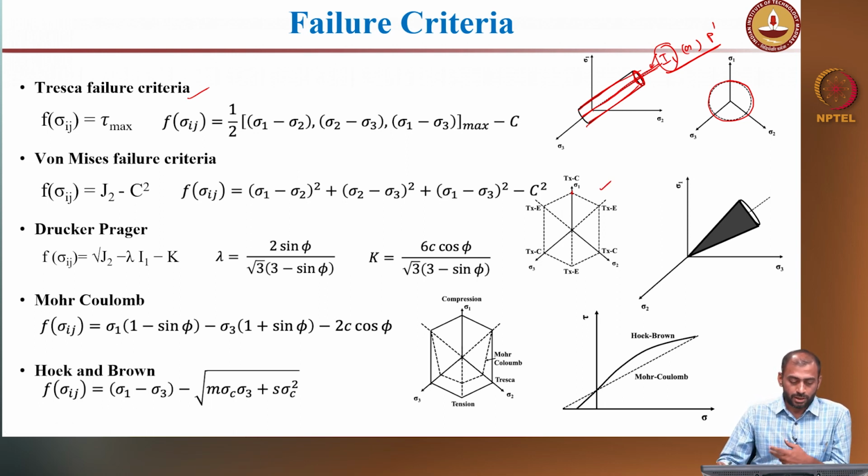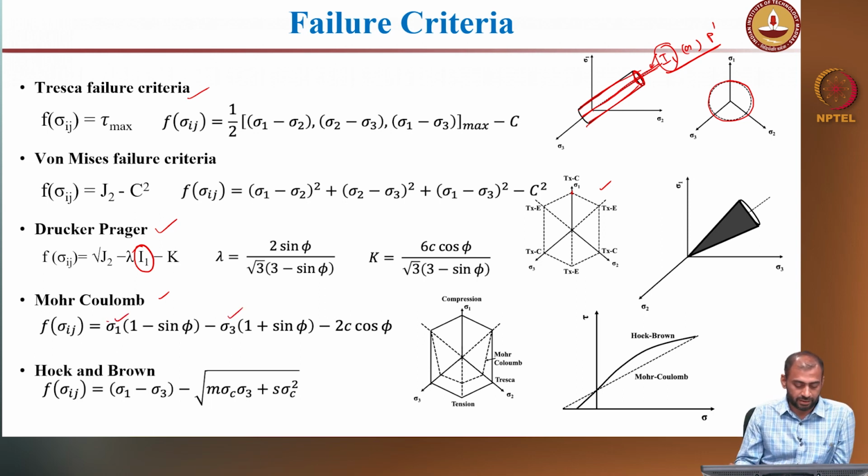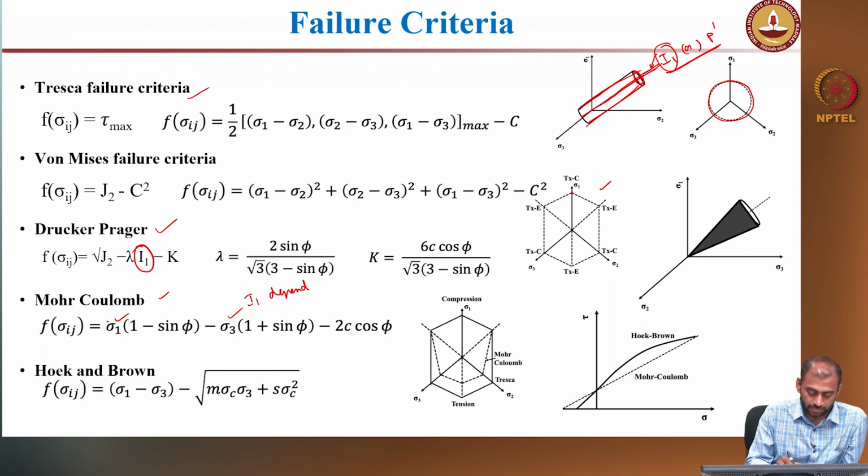Okay, so these two are pressure independent failure criteria, whereas the next two failure criteria, the Mohr-Coulomb and the Drucker-Prager failure criteria, are pressure dependent, because you can see in the failure equation you have a pressure dependent term I1, and here it is again sigma 1 and sigma 3, you can just make it a mean effective stress. So, this is again I1 dependent, right.